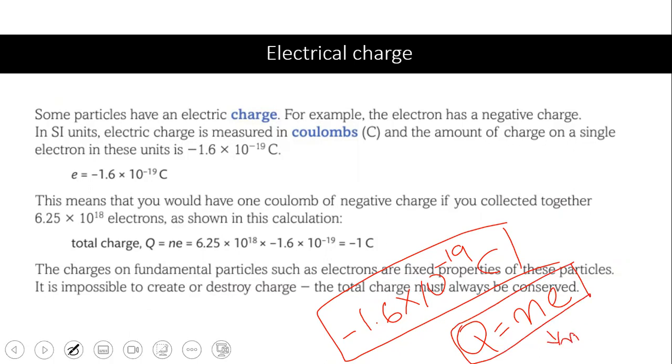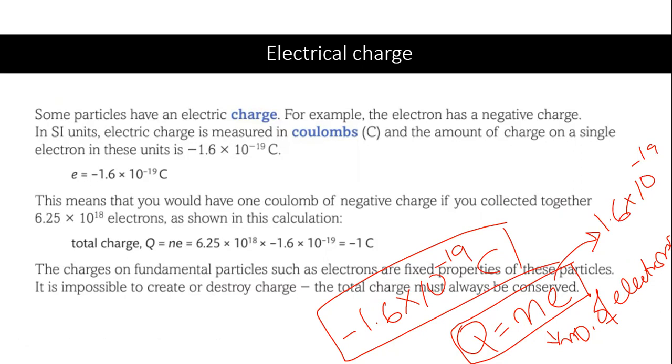If you have any piece of metal and you can count the number of electrons, or the number of electrons is given to you, you can multiply it by the charge of one electron to calculate the total charge on any object or material. So this is the formula you can use: Q equals N E.